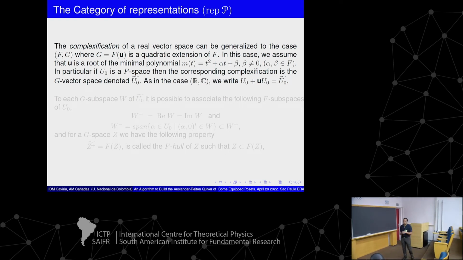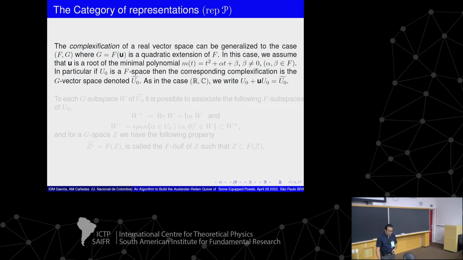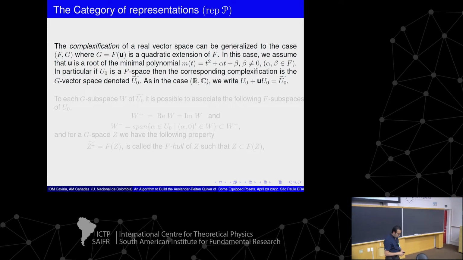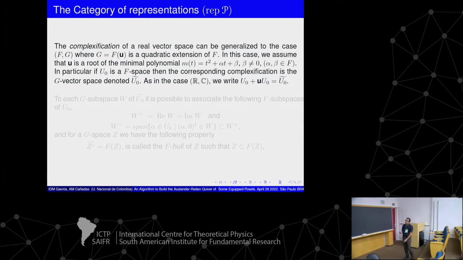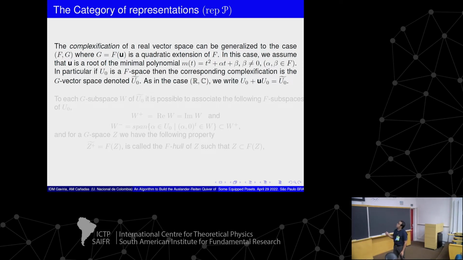This classical representation theory is over one field, F, and the representation of the equiposet is over one pair of fields F and G, where G is a quadratic extension of the field F. This is the minimal polynomial when we do the quadratic extension. Here U is one root of this minimal polynomial.